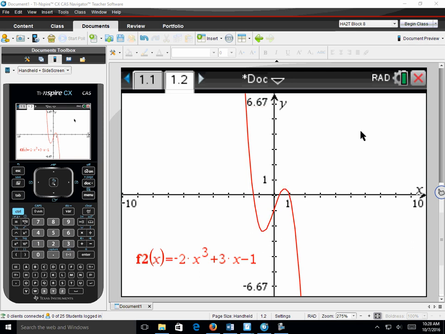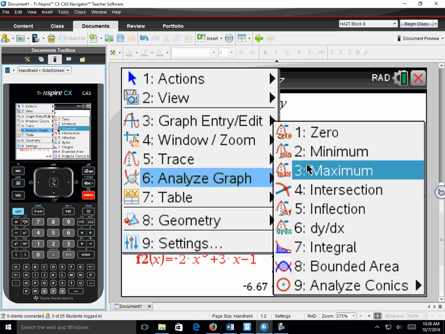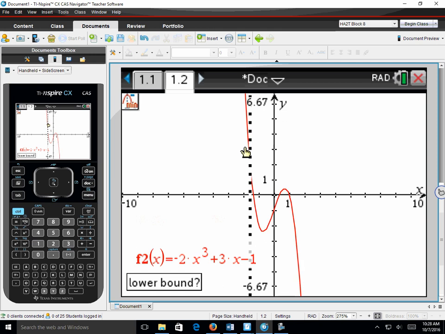If we want to find the relative minimum first, that's this point right here that I'm trying to point to. I'm going to go Menu, Analyze Graph, Minimum. And look, it's asking, where do you want your lower bound to be? So we just need to slide our little pointer to the left of that minimum and click.